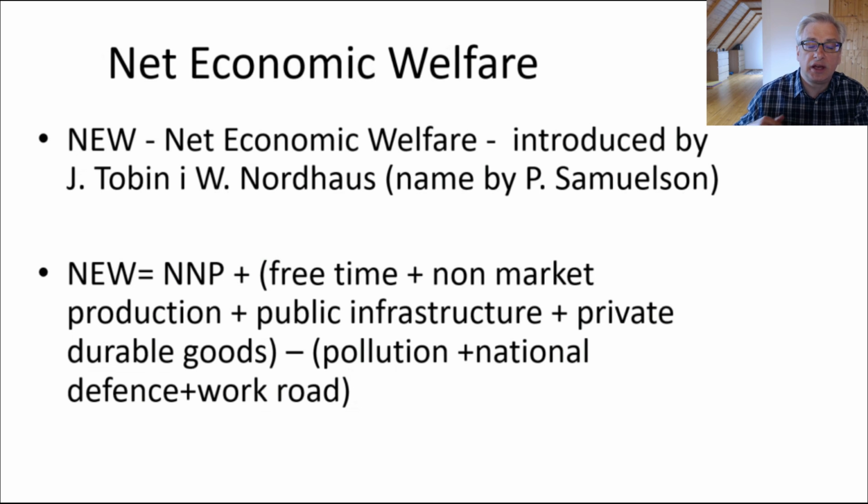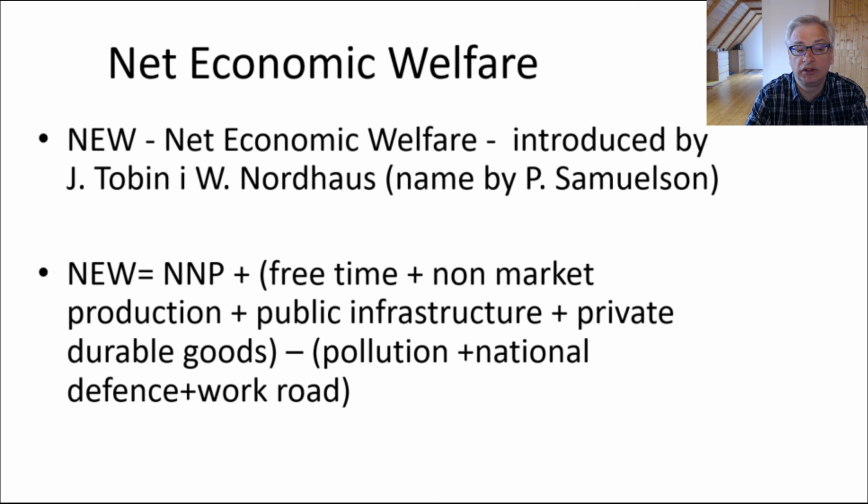I mentioned some disadvantages or imperfections of GDP. So if you want to see something really nice, you can refer to the Happy Planet Index or the Human Development Index, or a very nice thing, net economic welfare, introduced by Tobin and Nordhaus.